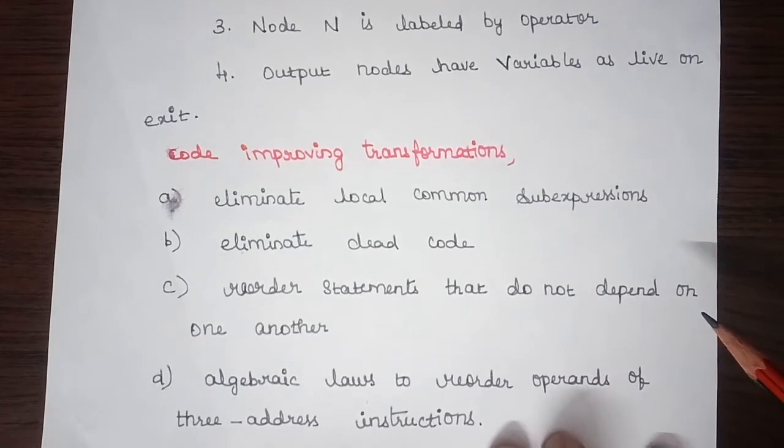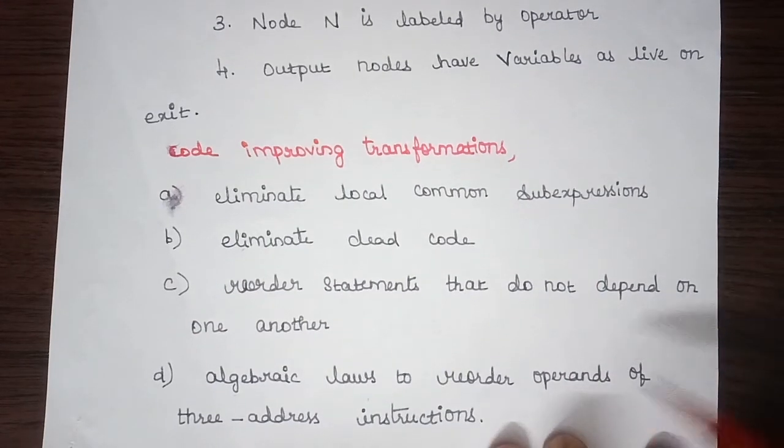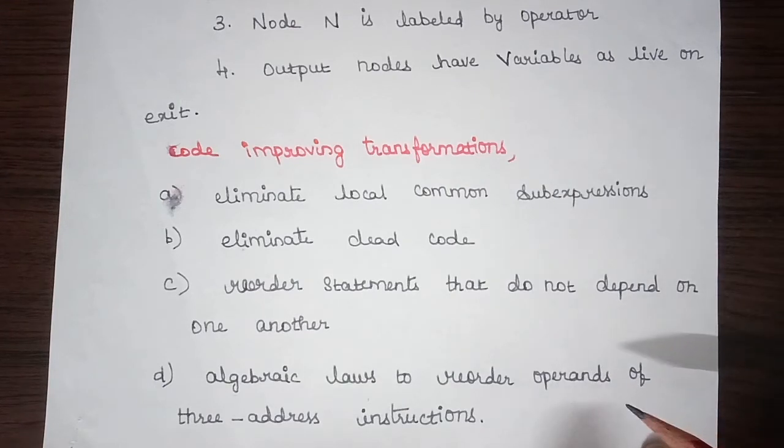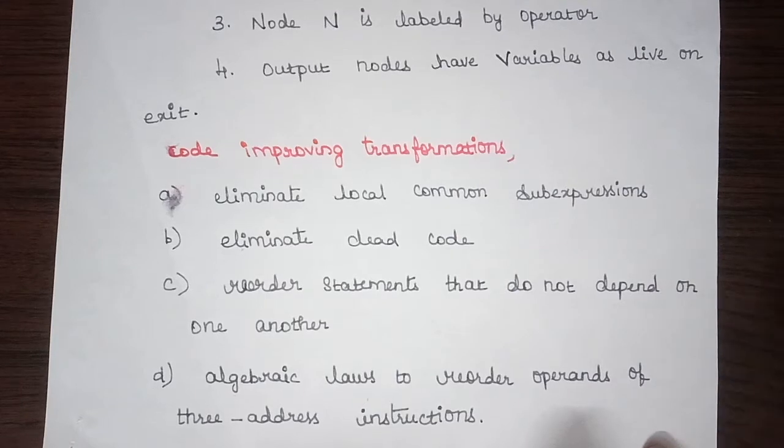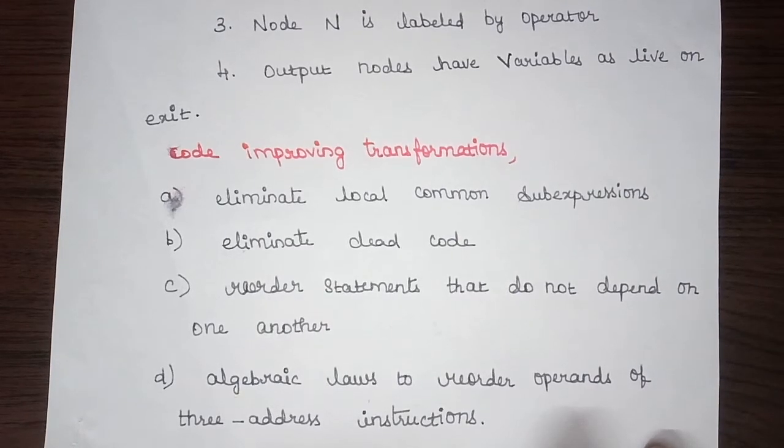The final code-improving transformation is applying algebraic laws for reordering the operands of three-address instructions. Sometimes we can also simplify the computation by applying these algebraic laws. These are all the code-improving transformations that we can perform with the help of the DAG representation in order to optimize the code.